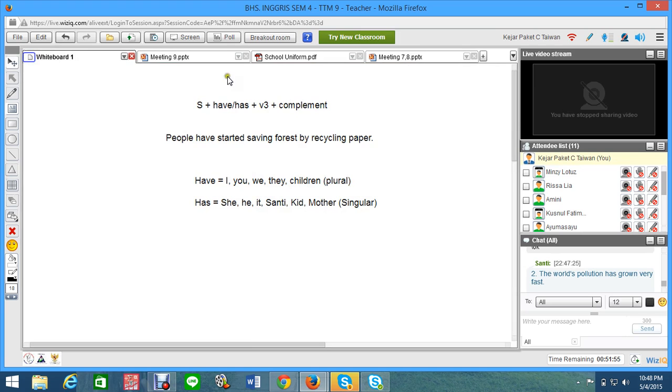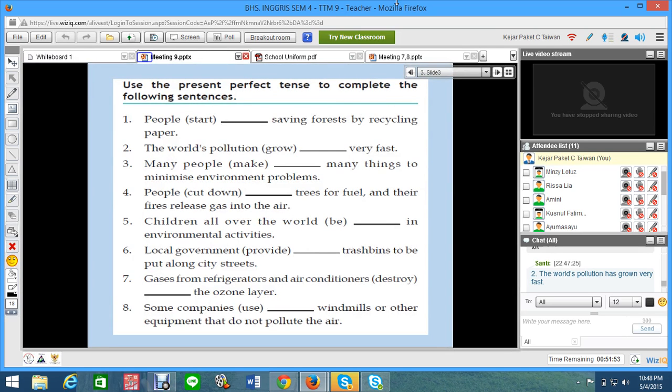Okay. Now the next number 3. Mbak Santi itu udah benar ya, jawabannya nomor 2. Nomor 2 udah benar.